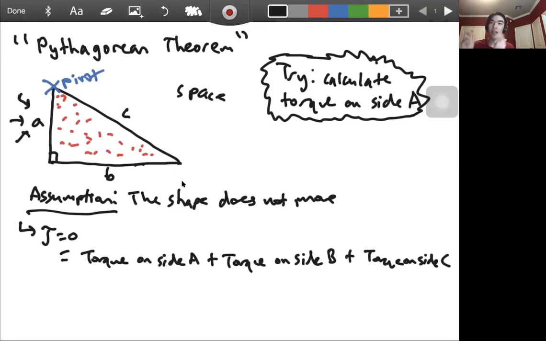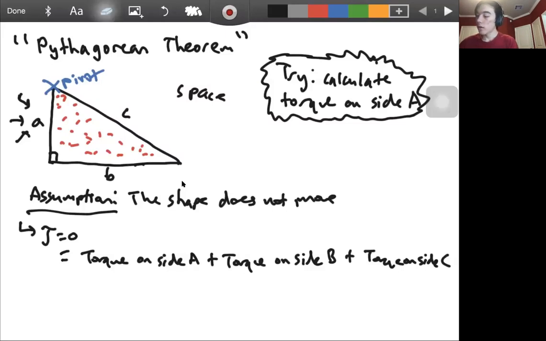Like internal forces, as we call them, kind of cancel out. And the same is kind of true with internal torque. So in most cases, you don't have to consider the impacts of parts in the object on the other parts of the object. So there's no torque of B on A or A on B. We don't need to consider them.